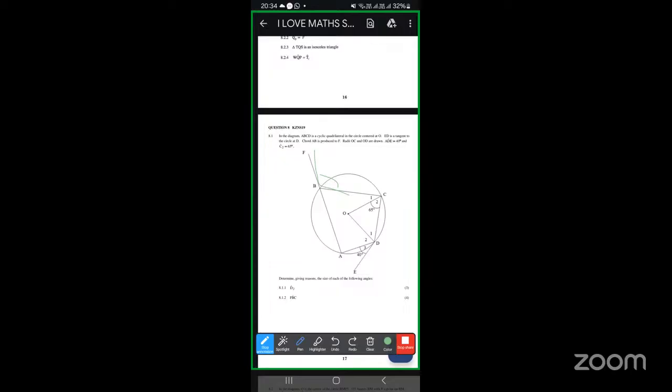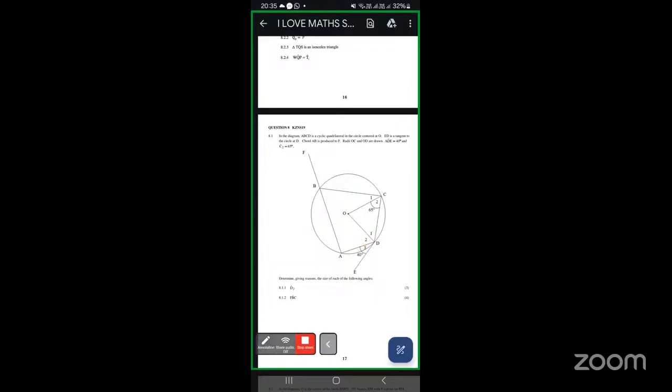This angle is an exterior angle of a cyclic quad. That angle needs to be equal to this angle. Therefore, we can play around with this angle. If we find this angle, it is equal to this, since we are given that this is a cyclic quad. The reason is going to be: exterior angle of a cyclic quad is equal to the interior opposite angle. So how can we find this angle? Let's give it a look.